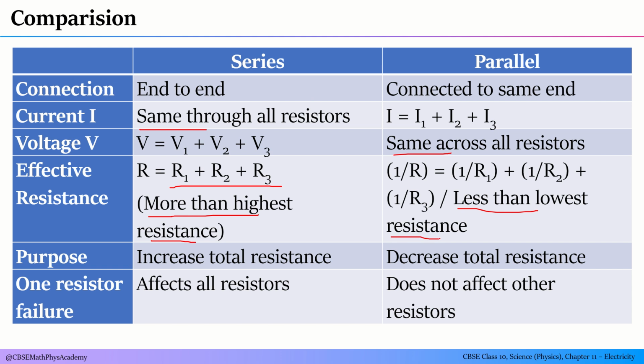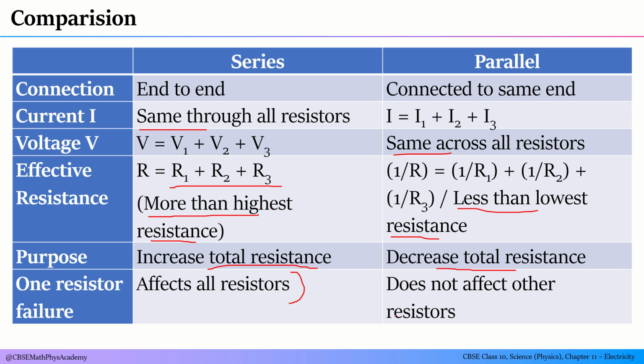In a minute, we will see mathematically what it means. So be with me till then. The purpose of a series arrangement is to increase the total resistance, whereas for parallel it is to decrease it. When one resistor fails, it affects all the resistors in series. In parallel, it does not affect other resistors.